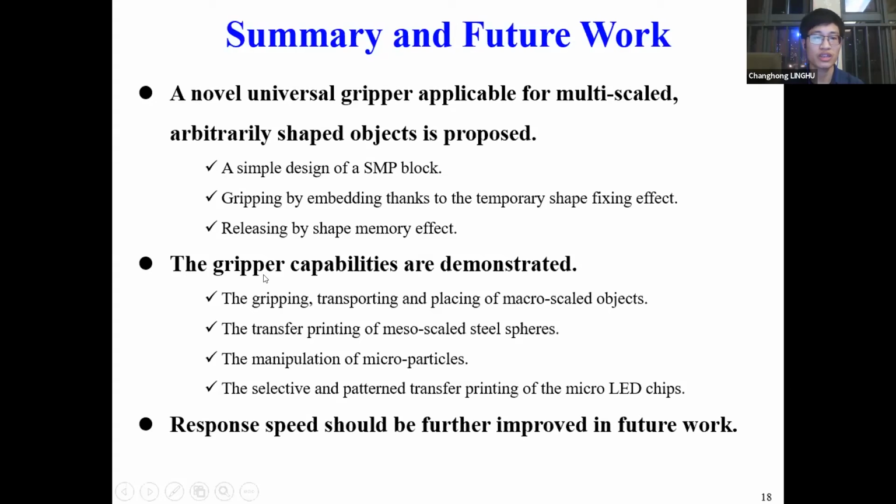We have demonstrated the capabilities of the gripper by the gripping, transporting, and placing of macro-scaled objects, the transfer printing of meso-scaled steel arrays, the manipulation of microparticles, and the selective and patterned transfer printing of micro LED chips.